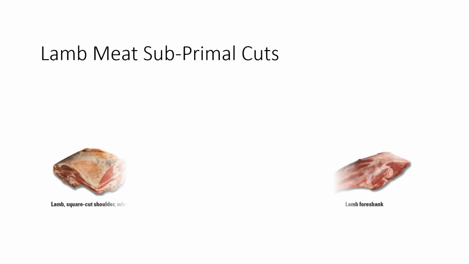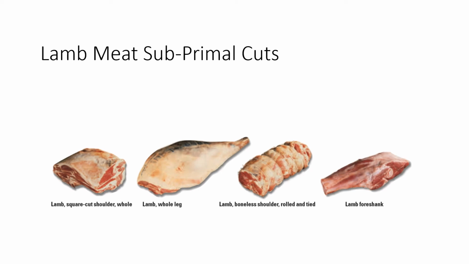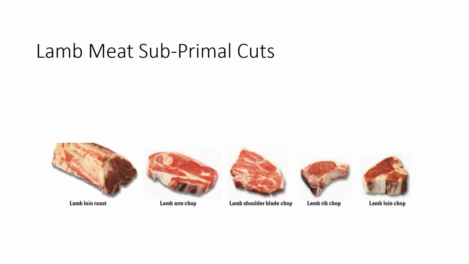Sub-primal cuts are below primal cuts. Now you have primal cuts, and then when you cut it further, you could have a lamb foreshank, a lamb boneless shoulder rolled and tied, a lamb whole leg, and a lamb shoulder which has been cut into a square. Lamb meat sub-primal cuts, some more lamb: the loin part which has been cut for the roast, and this is a lamb arm chop, which is essentially from the shank.